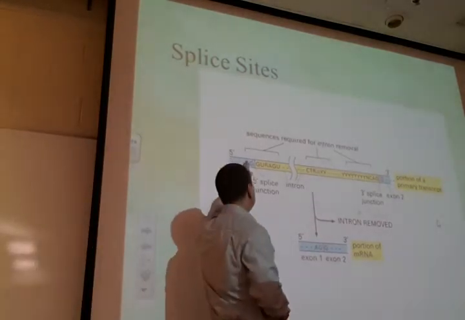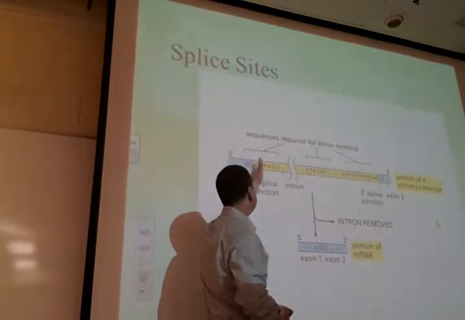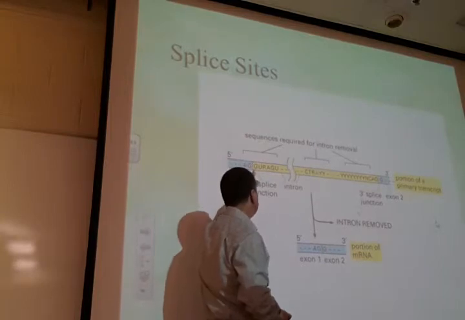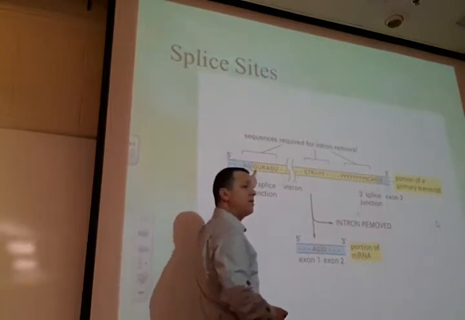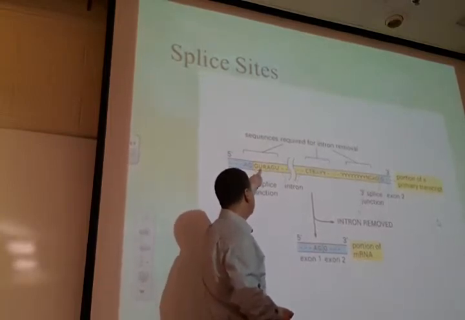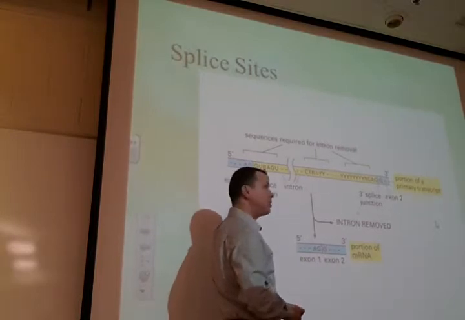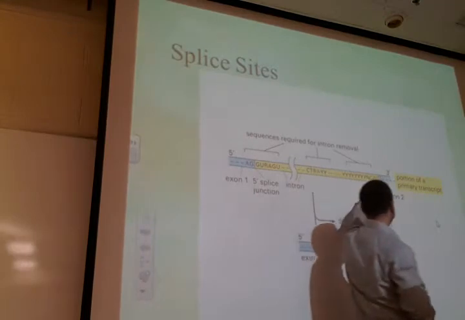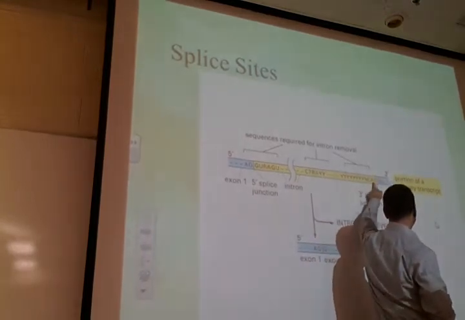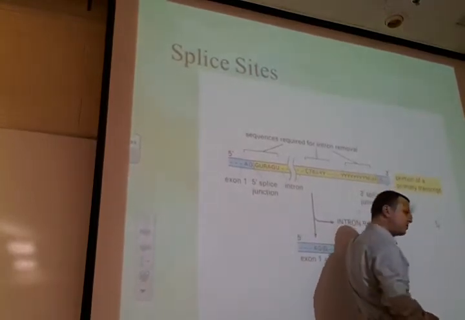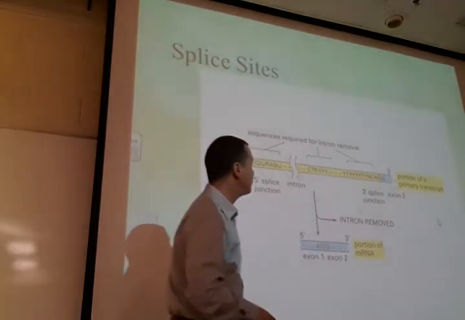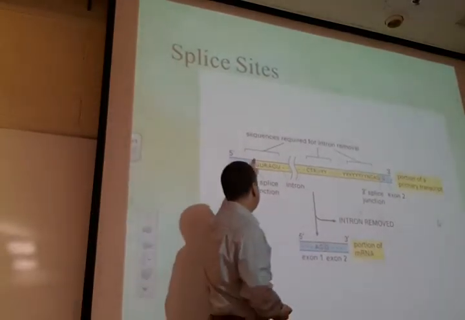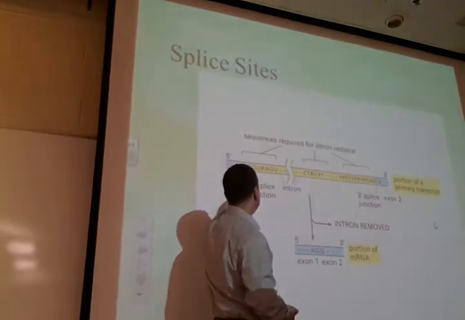As you can see here, the exon always ends with AG, and then the first part of the intron is GU, R means purine, so GU purine. And on the other side is always CAG, and the intron leads into a G in the next exon. And what the machinery is going to do is cut between the G's in both cases, between the two G's.